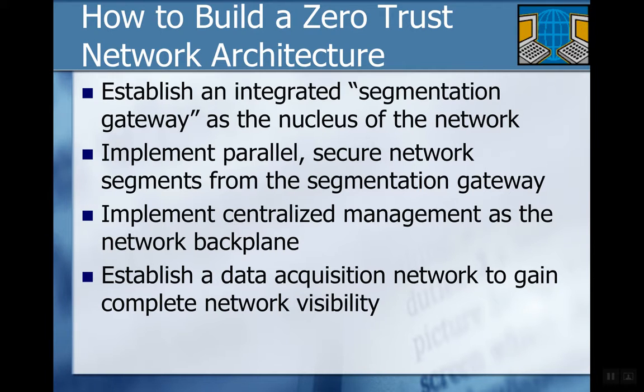You can create separate segments off of it, but maintain centralized control. You want to implement parallel secured network segments from within that gateway. So the segmentation gateway is the core, and then you create new networks off of that.